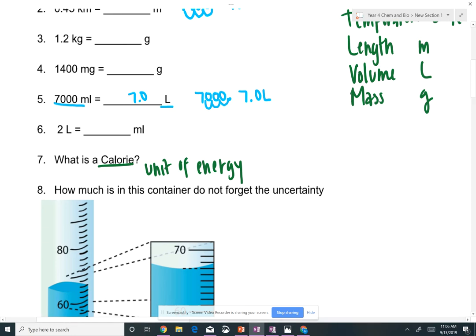We'll talk about this, but basically you need to know that it's a unit of energy, and it's how much energy there is. It's not any of the other stuff. It's a unit of energy. Okay. Next thing.